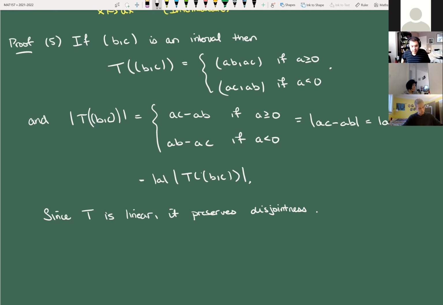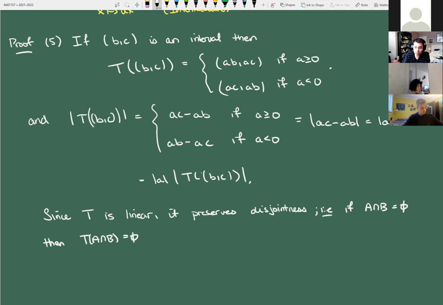Okay, since T is linear, it preserves disjointness, i.e. if two sets are disjoint, then their image under T must also be disjoint. So if A intersect B is disjoint, then TA intersect TB is also disjoint, right?